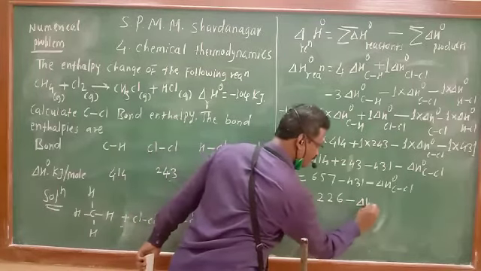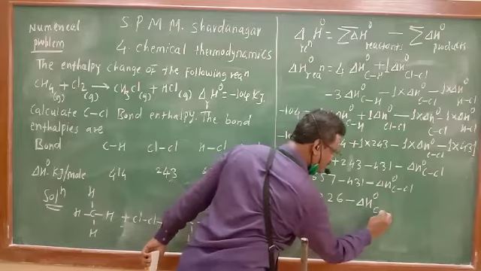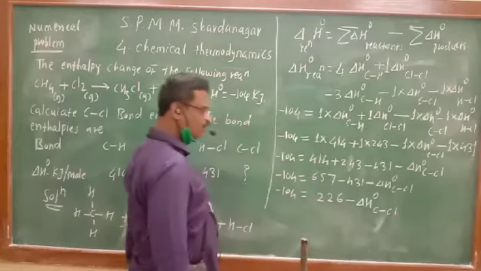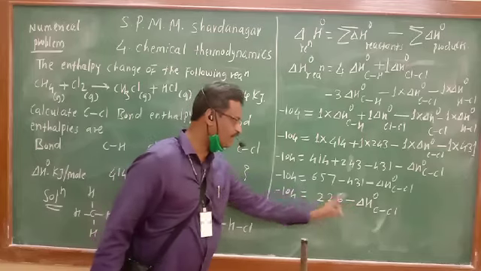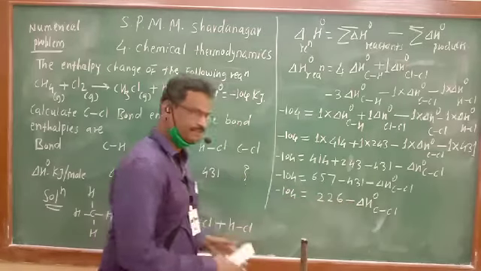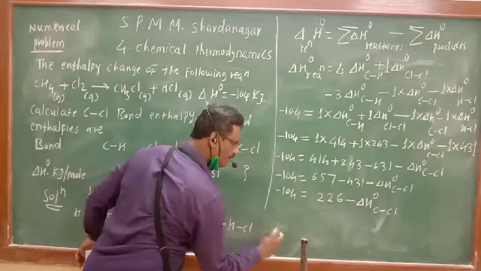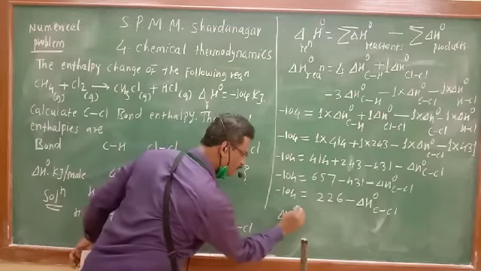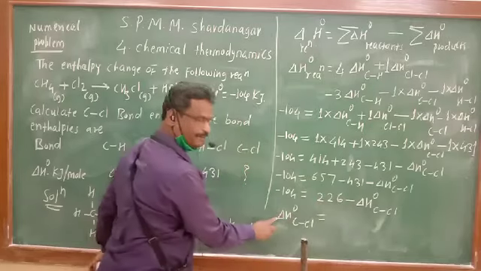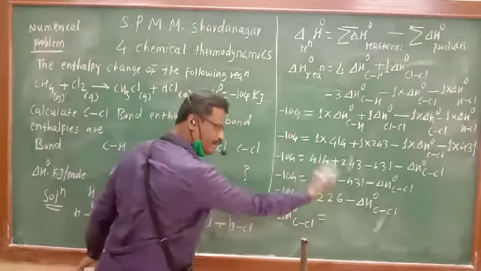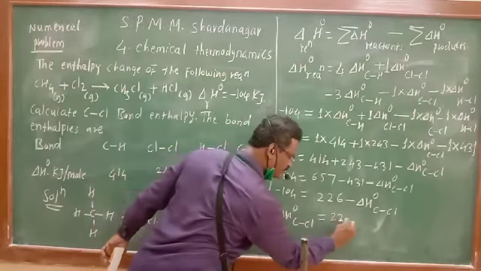Now if we take delta H naught of CCl on the left side, it will be plus. This I am taking on the left side, so delta H naught of CCl becomes plus on the left side. This I am taking on the right side, so it is 226.